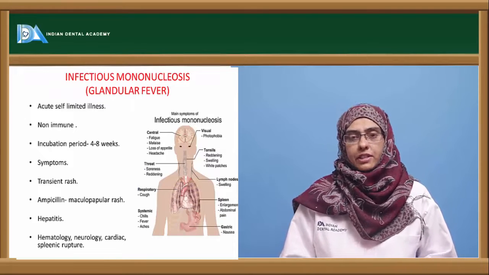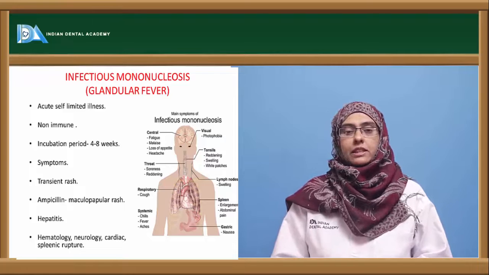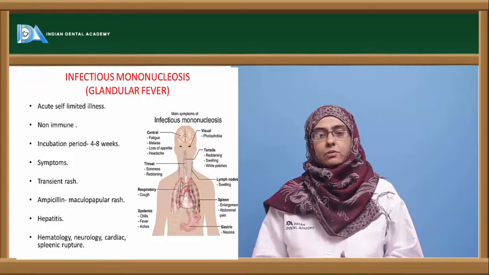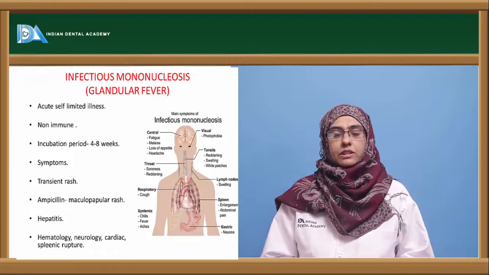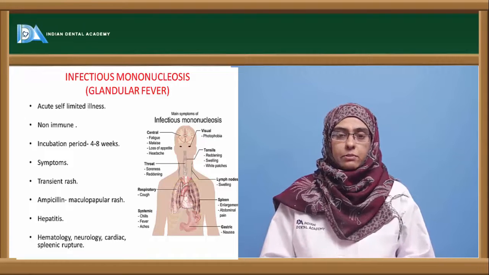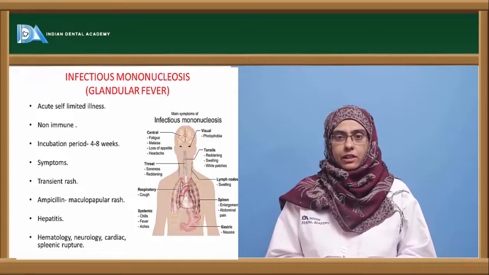Coming to the disease, infectious mononucleosis, also called glandular fever. The disease is an acute self-limiting disease mostly seen in non-immune individuals. The incubation period is 4 to 6 weeks, and the symptoms are fever, malaise, sore throat, and lymphadenopathy.